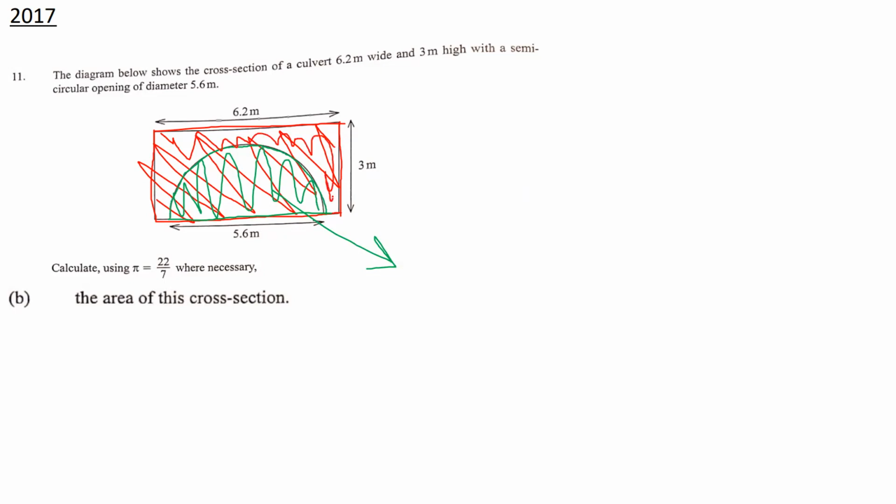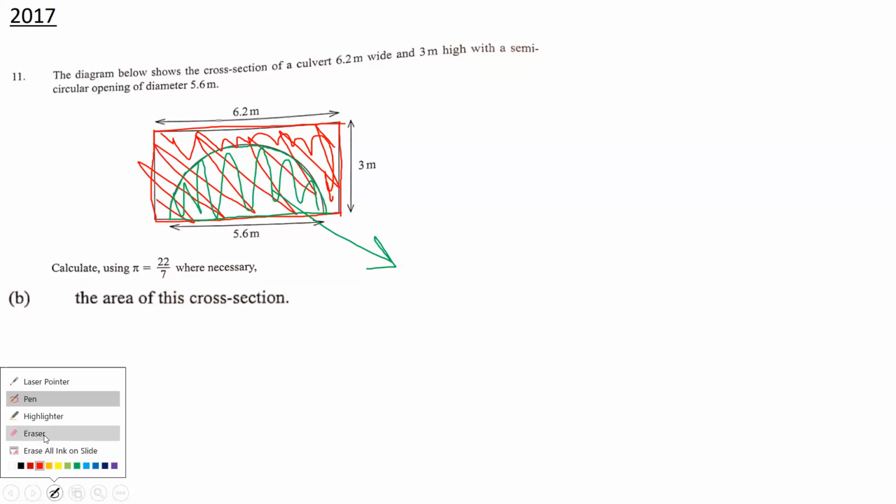And that's going to be the area of the cross section. So we need to find the area of the full rectangle, and then subtract the area of the semicircle, and that's going to give us the area of the cross section. So let's do that.